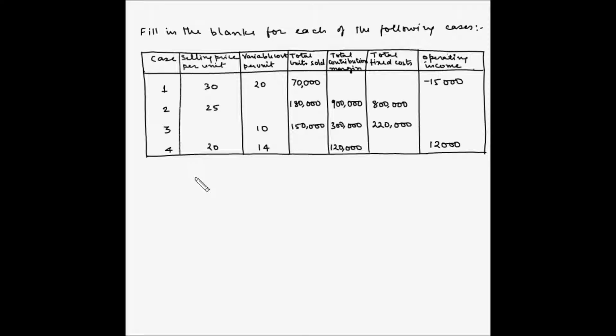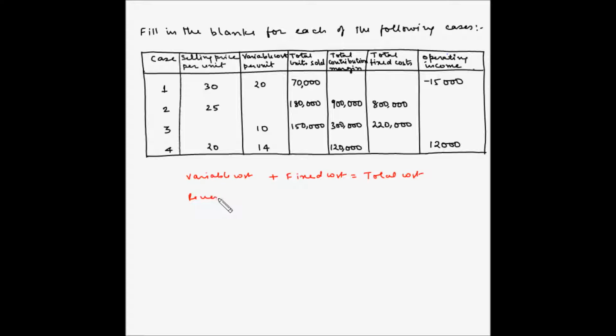So we know that the variable cost plus fixed cost is equal to the total cost.